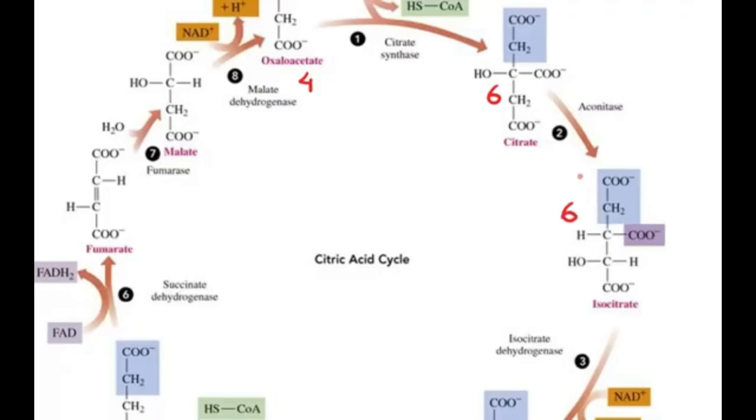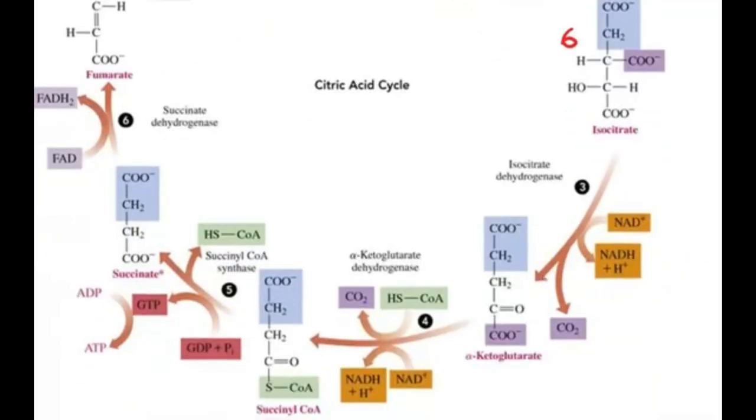Then isocitrate, it's the isomer, also contains 6, but then isocitrate loses 1 carbon in the form of CO2, and you have 5-carbon alpha-ketoglutarate. You see, the total number of carbons is preserved. Then alpha-ketoglutarate loses yet another carbon in the form of CO2, forming 4-carbon succinyl-CoA.